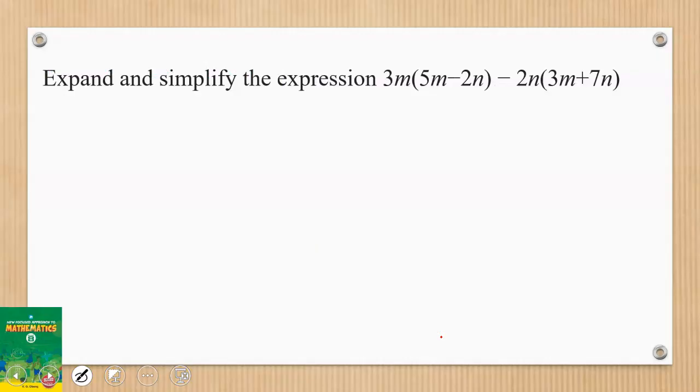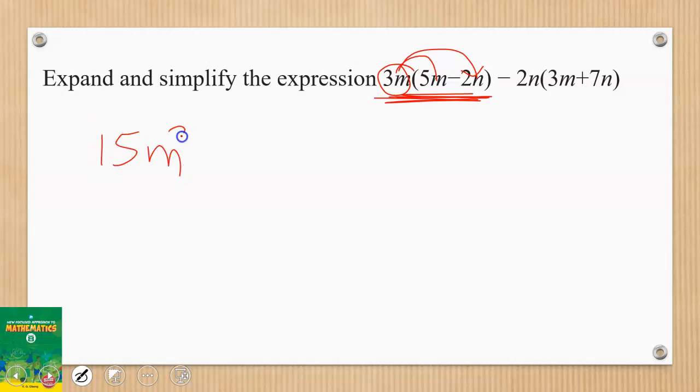Let's say we want to expand and simplify this. This together makes it one term, and so I can expand and simplify. Okay, so let's do the expansion first. Always we take the number outside the bracket to multiply what is inside the bracket. And so the first one, I'm going to have 3 times 5 will give us 15.